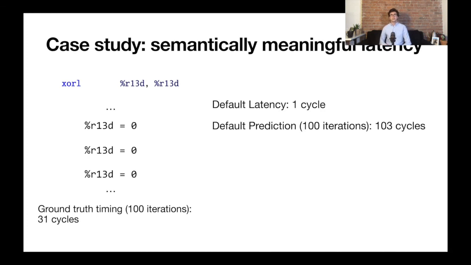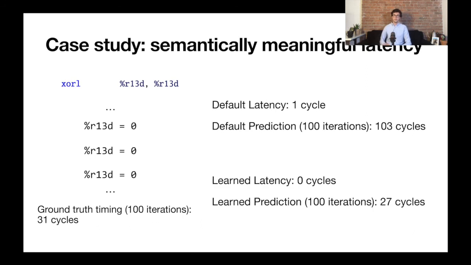The version of LLVM-MCA that we're working with doesn't recognize zero idioms. So with the default write latency of 1 in LLVM-MCA, LLVM-MCA predicts that this basic block has a timing of 100 cycles, since LLVM-MCA believes that XORs form a dependency chain, and the write latency of 1 means that it takes 1 cycle for each XOR to execute. Most of the usages of XOR in DiffTune's training dataset are actually zero idioms, though.